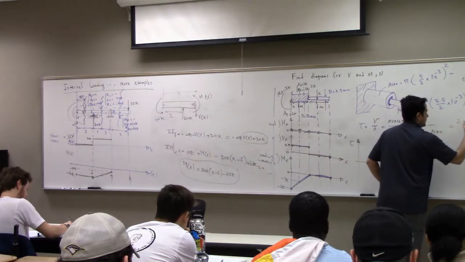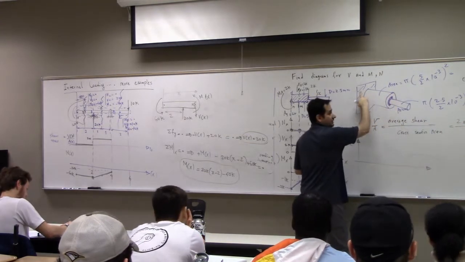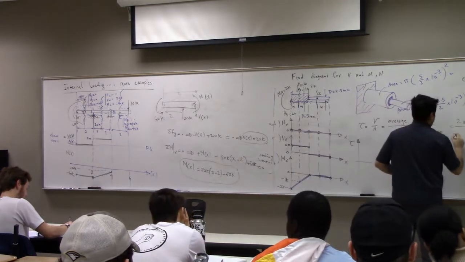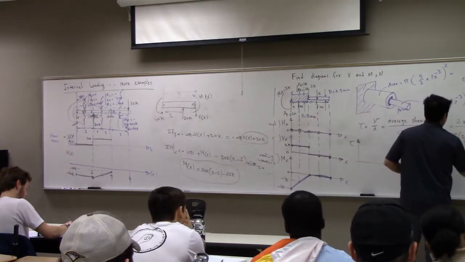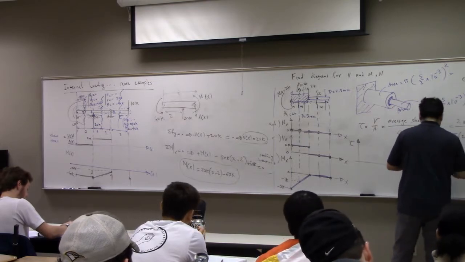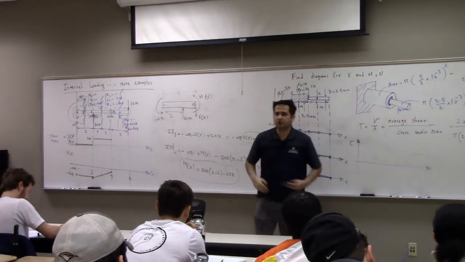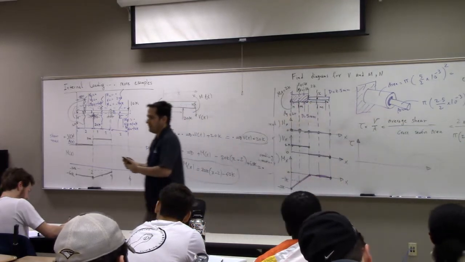So you have 2 times 10 to the 3 divided by the cross-sectional area there, which is pi times 2.5 times 10 to the -3, squared. Put it in the calculator. Usually it's a huge number. You should expect 10 to the 6, or mega.